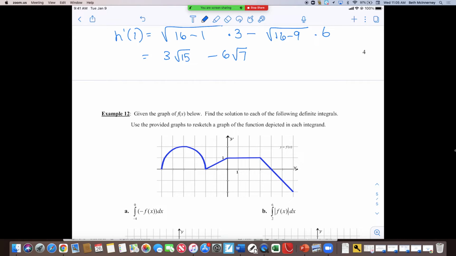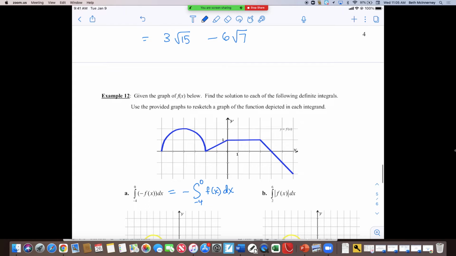Well, one of the properties we're going to learn is that if there is a constant in front of the function, you are allowed to pull the constant out. So if this had been 3 times f of x, -6 times f of x dx, I could have pulled the constant out. So since it's a negative, really a -1, I can pull it out front.